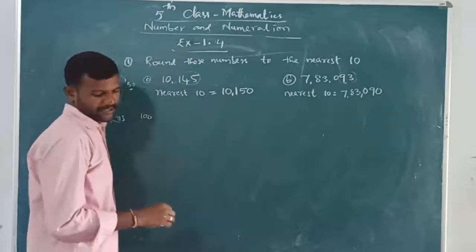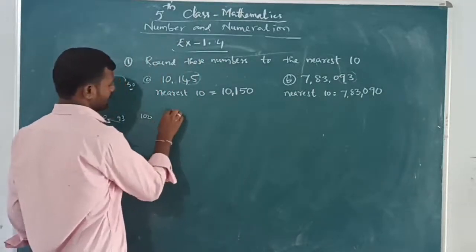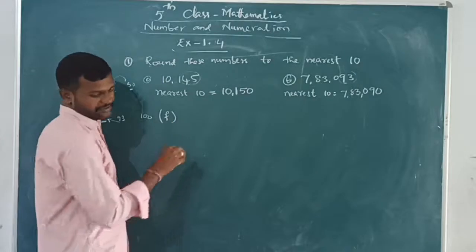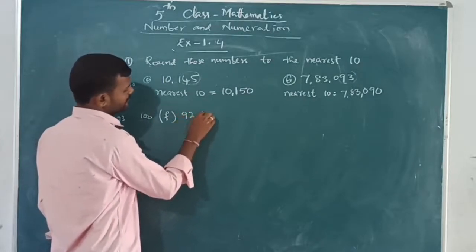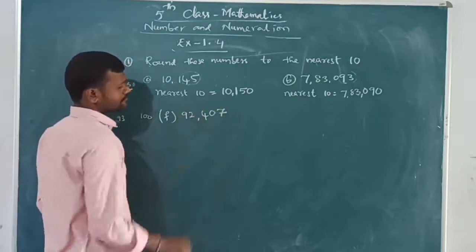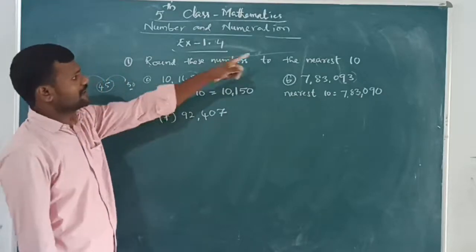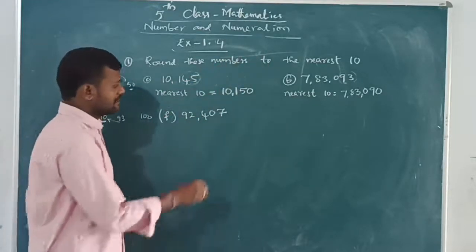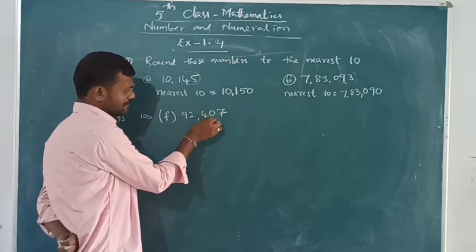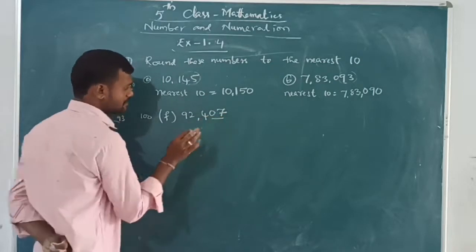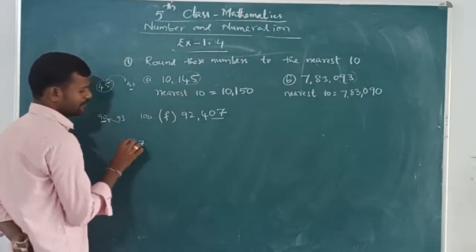So last one number I am writing here. What is that? F. What is F? 92,407. So we have to round off that number to nearest tens only. Nearest tens. Ones, tens. So tens means these two digits only you should take. What is that? 7.